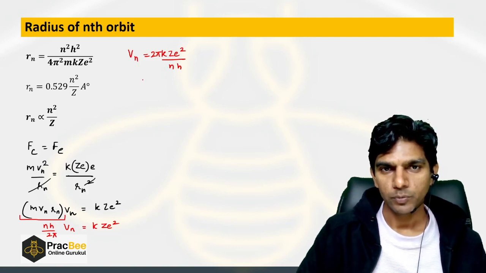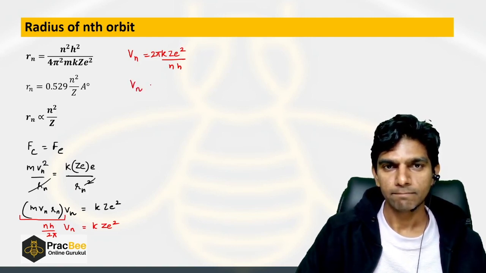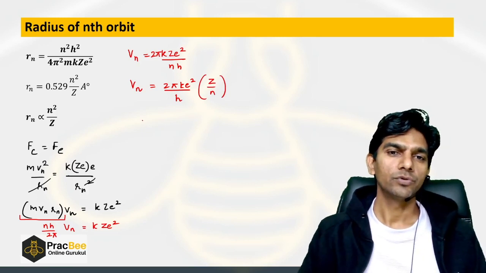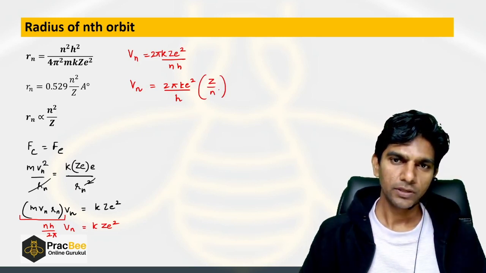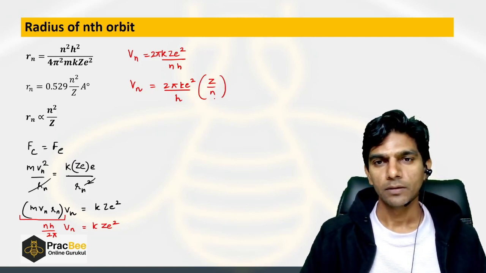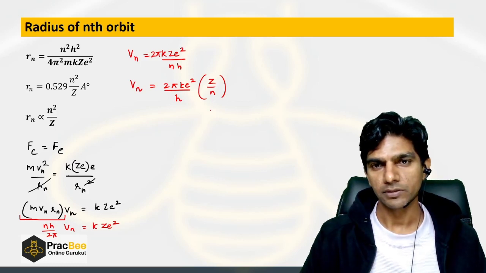Okay, so if you look at the proportionality, Vn is equal to 2 pi k e square upon h times Z by n. So Vn is directly proportional to the atomic number of the atom. It is inversely proportional to the principal quantum number n.